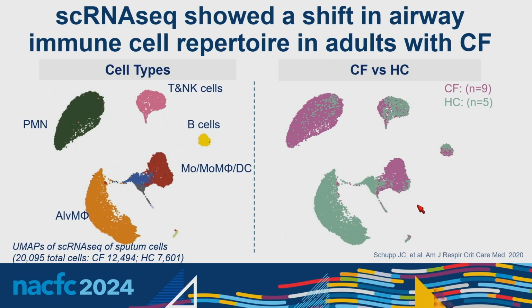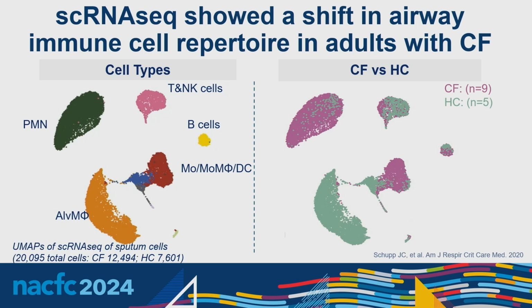In this figure, you are seeing UMAP data comparing CF patients to healthy controls, in which pink color represents cells obtained from CF patients, and mint color represents cells obtained from healthy controls.